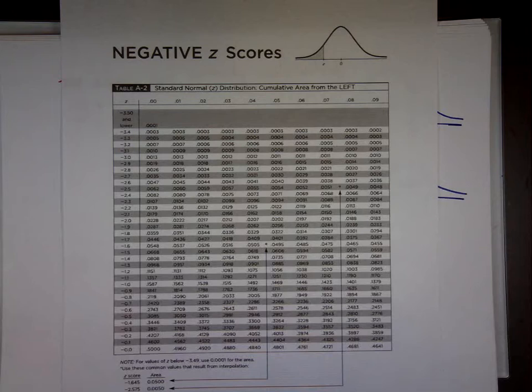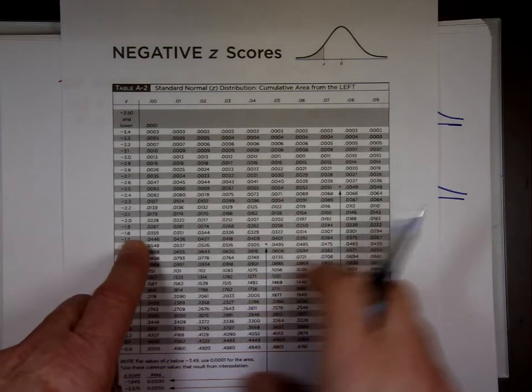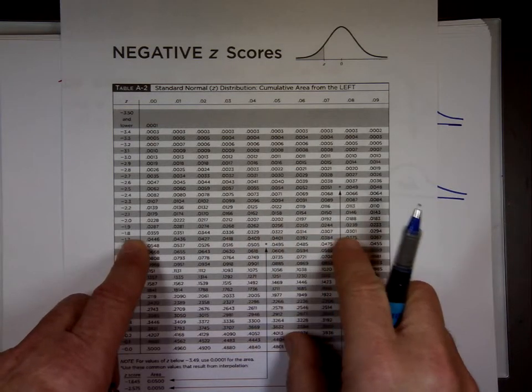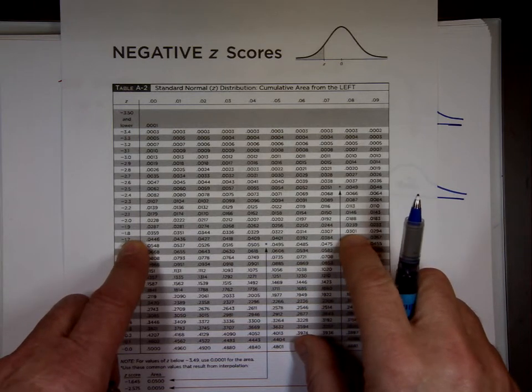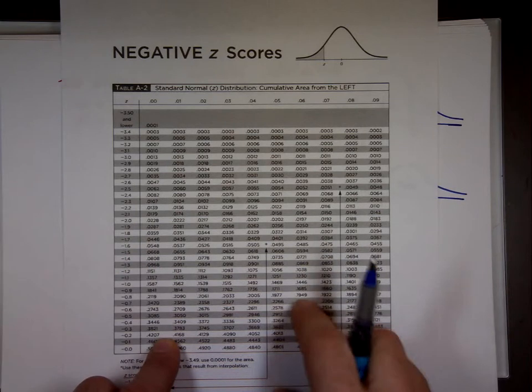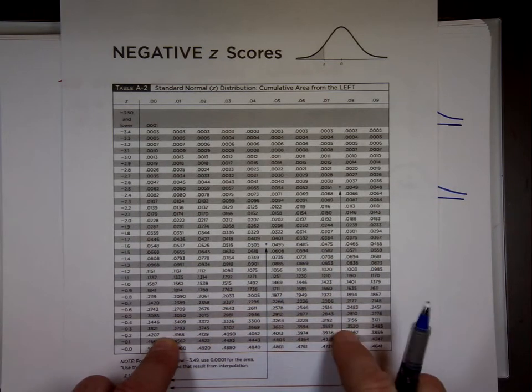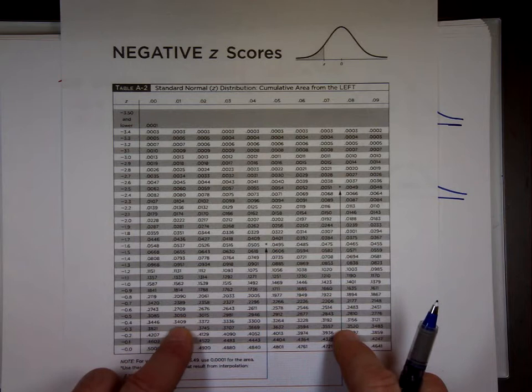I saw one close enough. What is it? Right, I see 0.301. You see a number less than that or closer than that? Let's look at negative 1.88... I'm sorry, I want 0.3000. My mistake. Where is it?